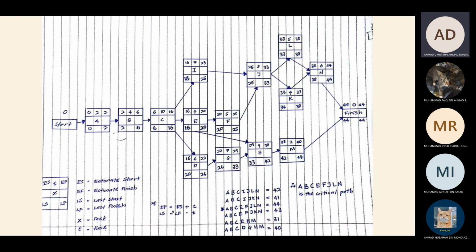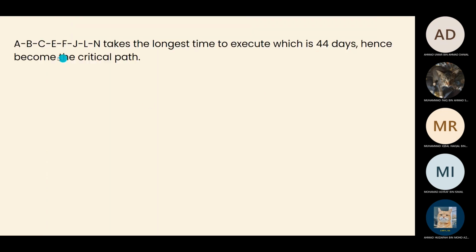The longest path that can be found is A to B to C to E to F to J to L, and lastly to N, which amounts to 44 days. So it is A, B, C, E, F, J, L, N, the critical path. So that's all from me for question 2.